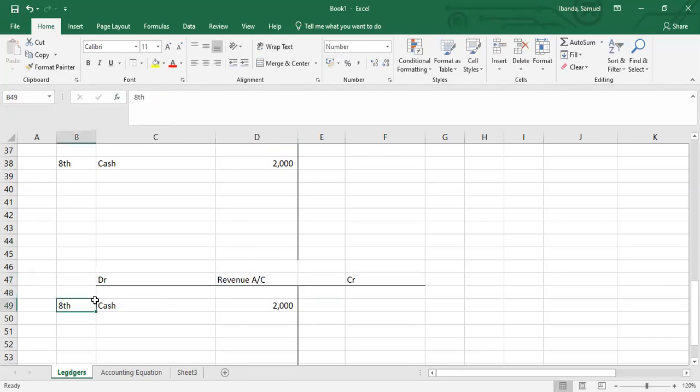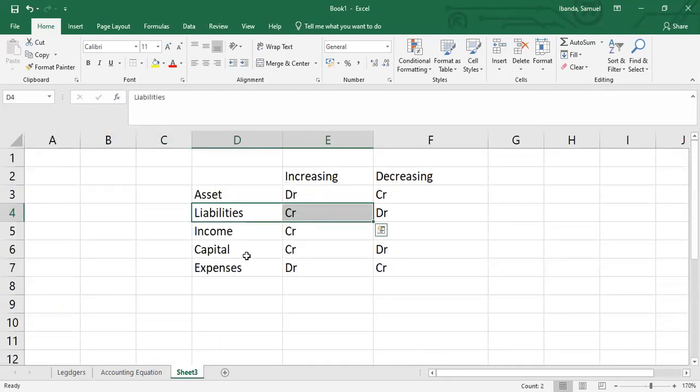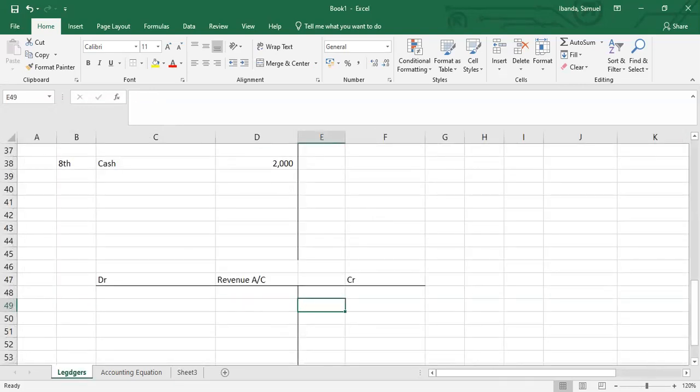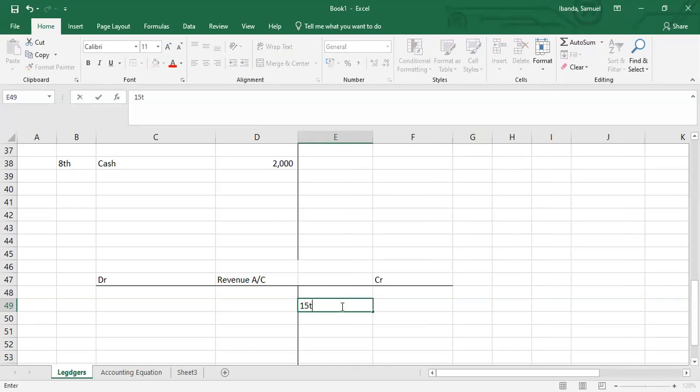Now revenue is income, and when income is increasing, we credit it. We shall use 15th because that is when the declaration came in. So on 15th, we are going to first call it cash because they don't sell using bank. They first sell through cash.